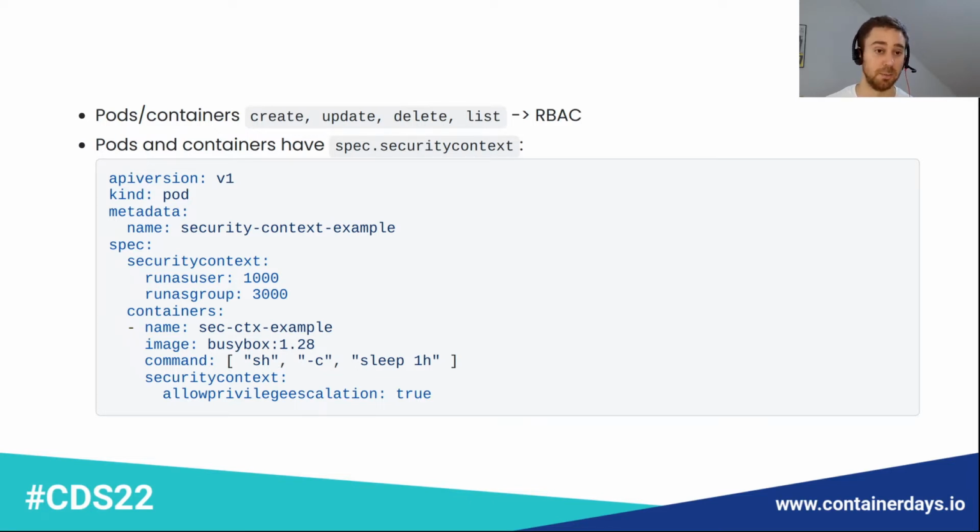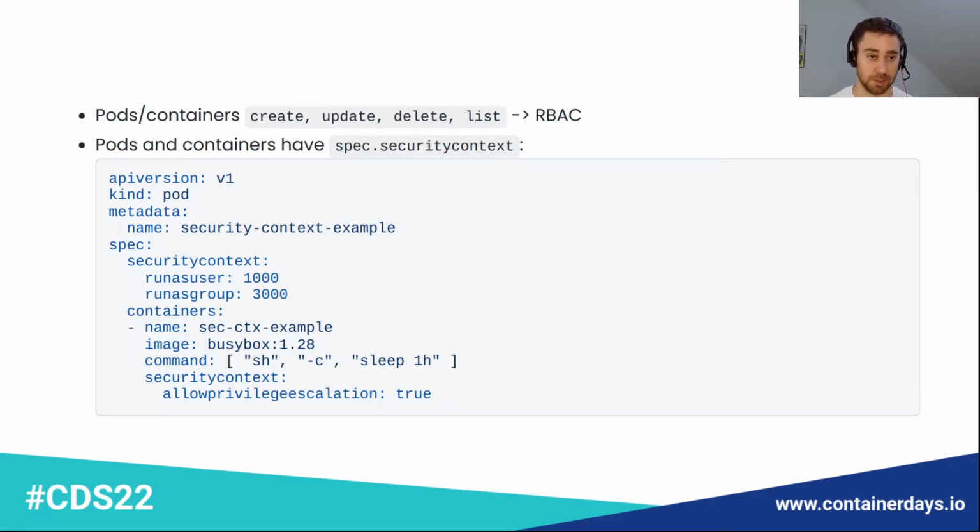But once somebody has permissions to create, update or delete those, they have access to set up the pod and the container however they see fit. Pods and containers have spec.securityContext in the spec, which allows us to set what kind of settings we want. That security context allows defining the privilege and access control of that container, and then we are in a problem.